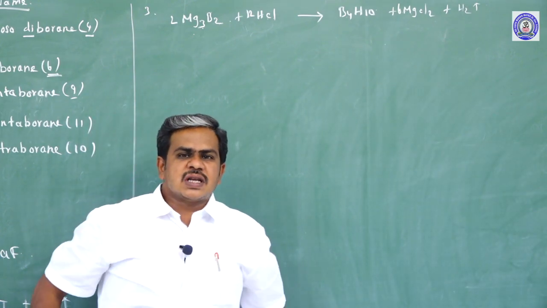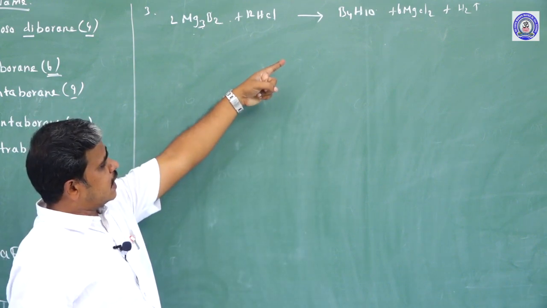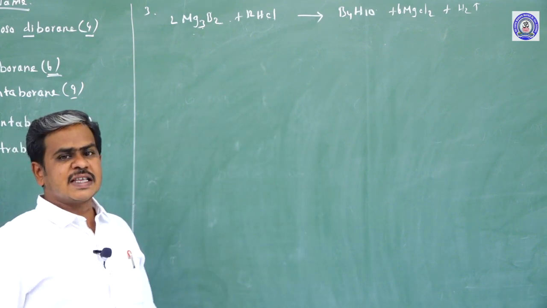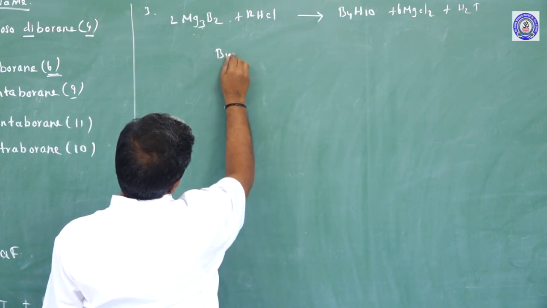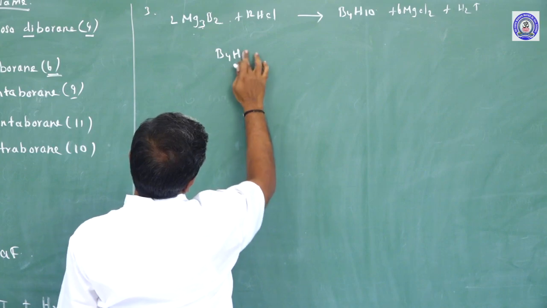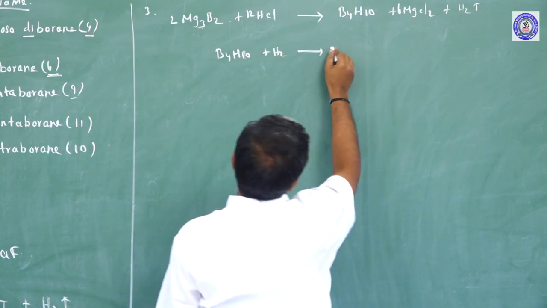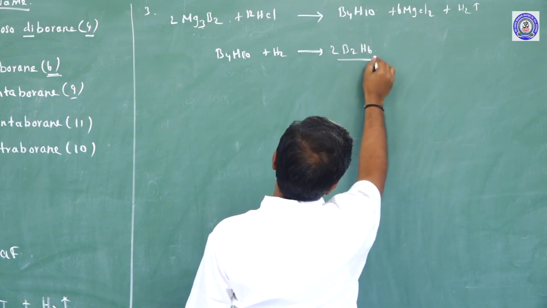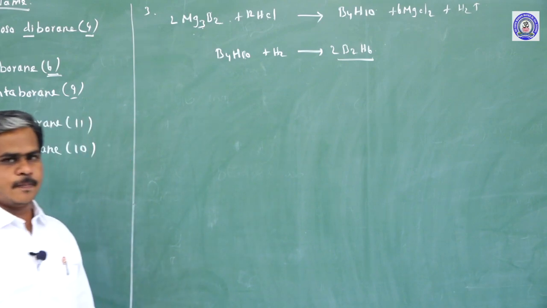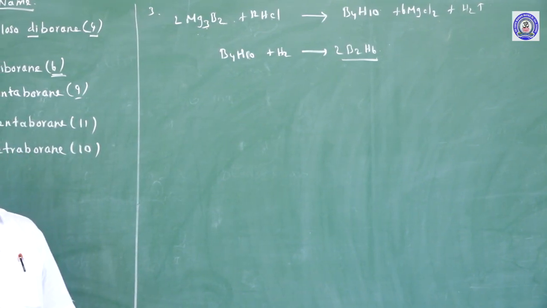So this is the preparation of borane. Here it is not diborane, it is B4H10 tetraborane. B4H10 is reacted with hydrogen and forms 2B2H6. So diborane is prepared. So these are the preparation methods of diborane.